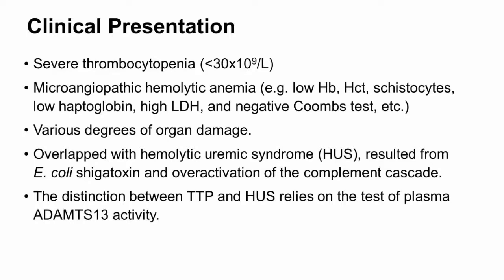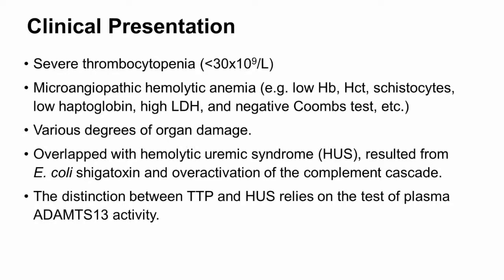The Coombs test is usually negative. Most patients will have a normal to mildly abnormal coagulation testing profile. Some patients will have various degrees of organ damage. Some patients could have a myocardial infarction, and other patients could have an ischemic stroke.